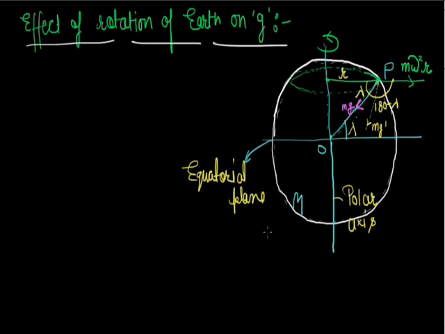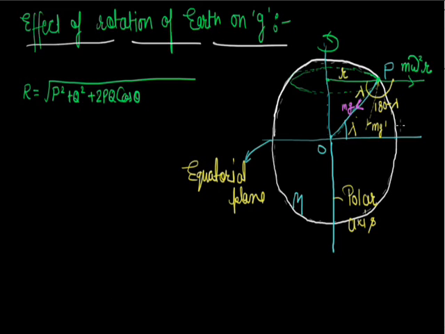We can calculate it by the vector resultant of mg and m omega square r, and as we know, the resultant of two vectors can be calculated by this formula: R equals root of P square plus Q square plus 2PQ cos theta, where theta is the angle between them.